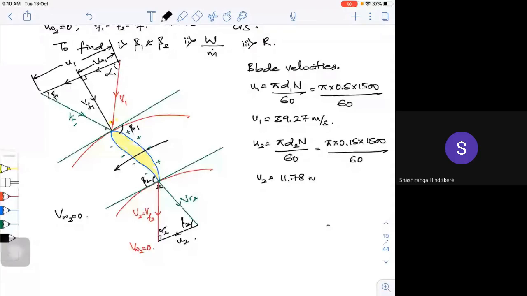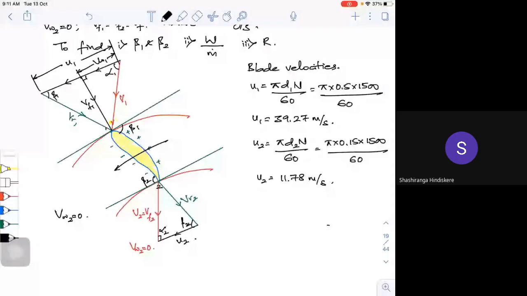You can verify this; I'm putting these values into my calculator. Once I got my U1 and U2, I can redraw all the triangles on a graphical sheet and cross verify. Then I will get the exact size of the velocity triangle, and what I have drawn is an approximate one.